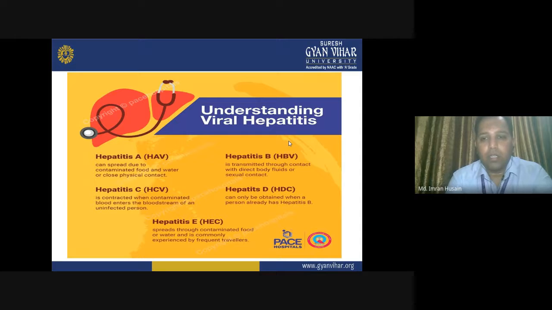And hepatitis D, caused by the HDV virus, can only be obtained when a person already has hepatitis B. And hepatitis E, HEV, spreads through contaminated food or water and is commonly experienced by frequent travelers. So you must understand the dangerous conditions involved when you are traveling to any underdeveloped or developing nation, where proper facilities are not available for hygienic water or sanitation.